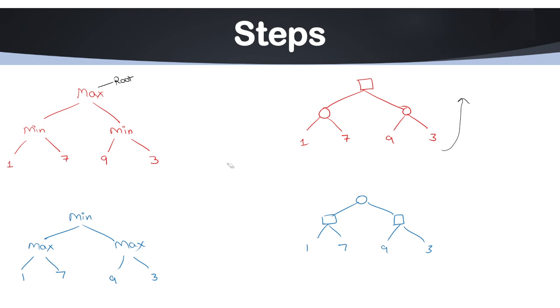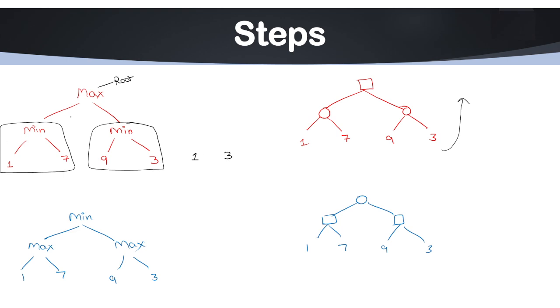So these are the leaf nodes. At first we have to select the minimum, the smallest value. From these two we will select the minimum out of 1 and 7. So we will get 1 here. 1 is the minimum value. At the second particular node, the minimum value is 3.